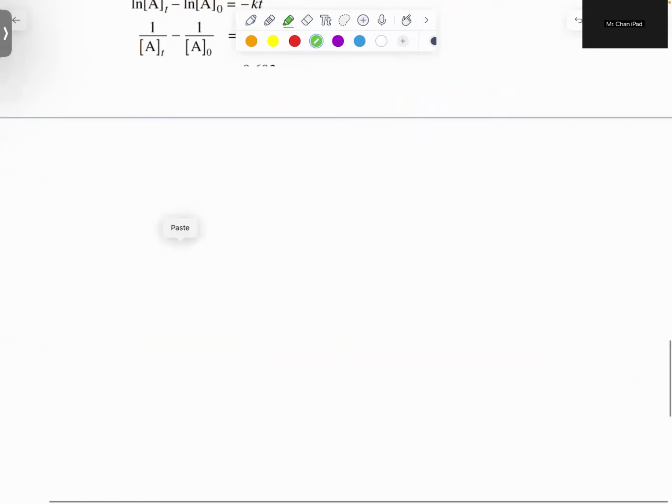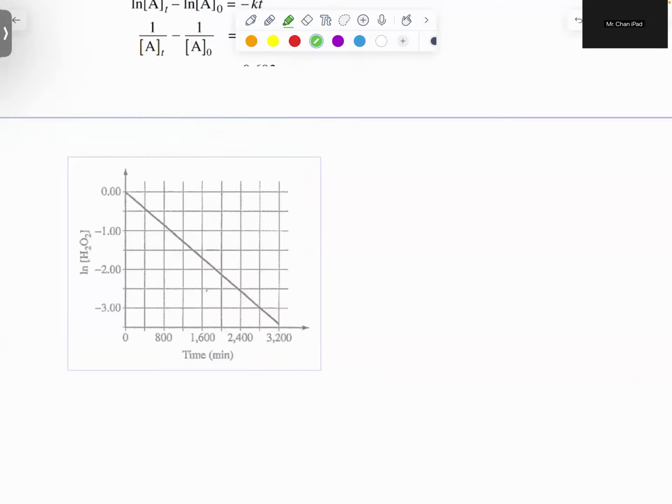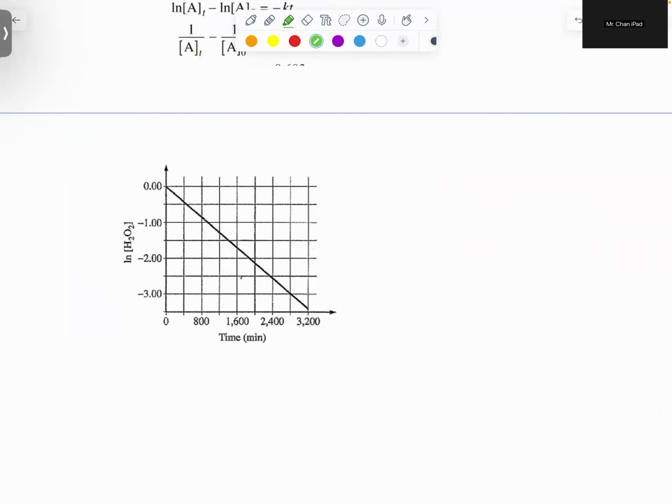If I show you this graph, can you tell me what order it is for the reaction? 0, first, or second? First. How do you know it's the first? Natural log. And it has a straight line.